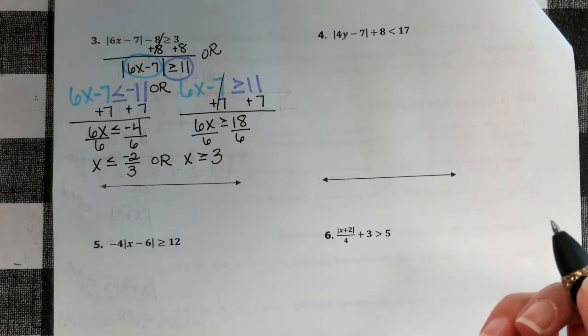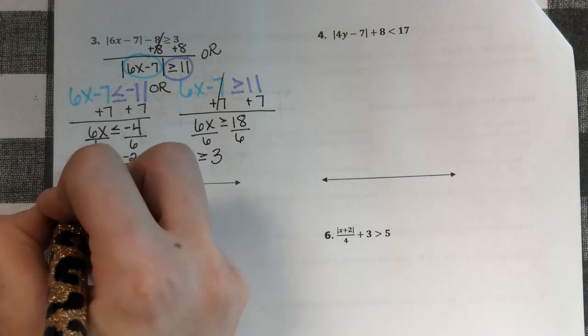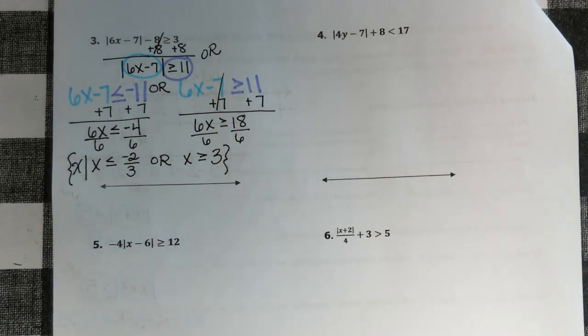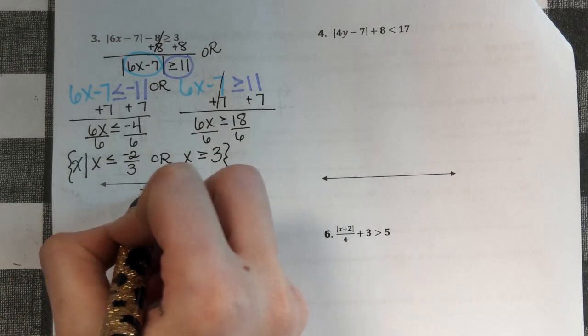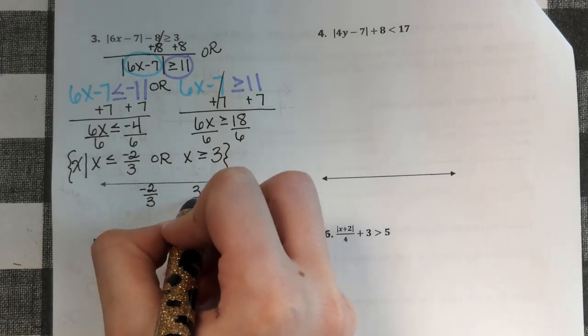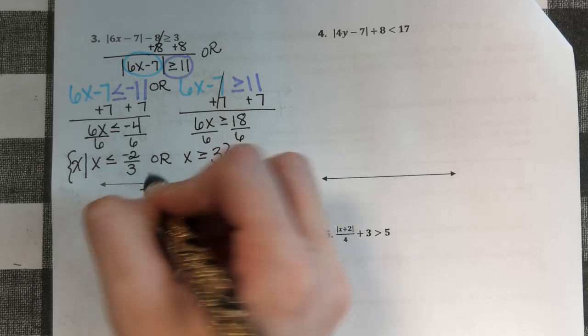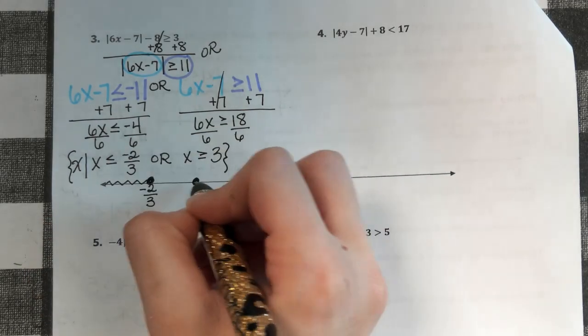Are my inequality symbols pointing outward? Yes. So I can tack on my set builder notation. A graph. Negative 2/3 and 3. Closed circles. Very good. And it's going to go outward. Very good.